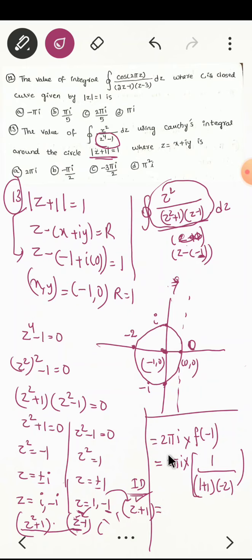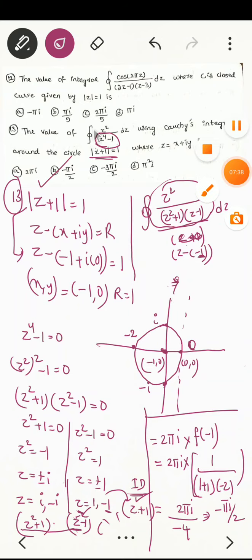Total how much are you getting? 2 pi i by minus 4, 2 times 2 is minus 4, so minus pi i by 2. Option B is correct.